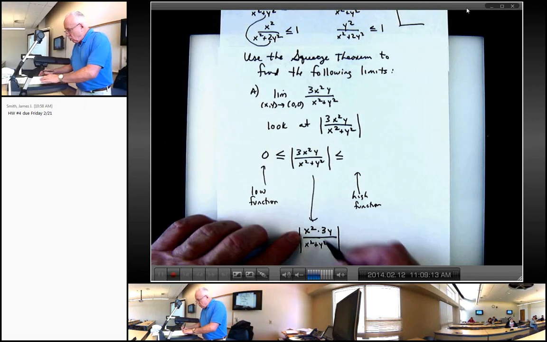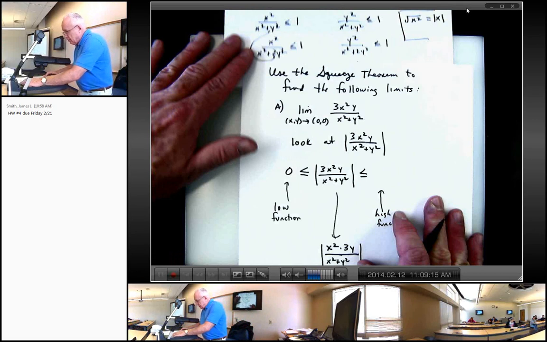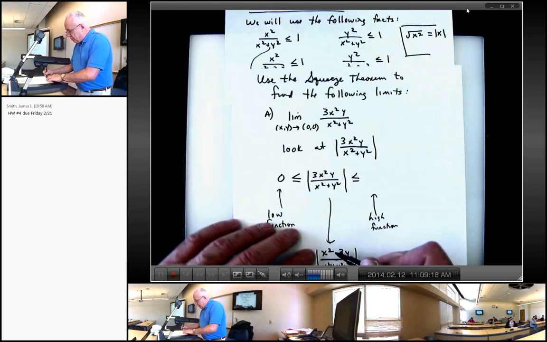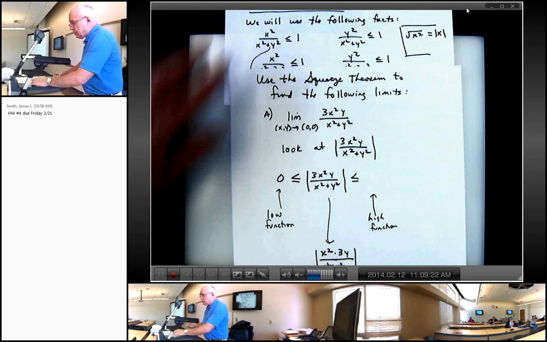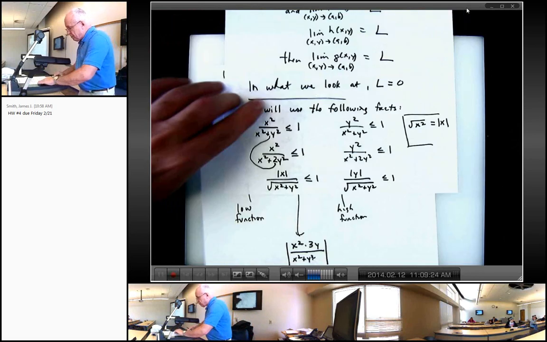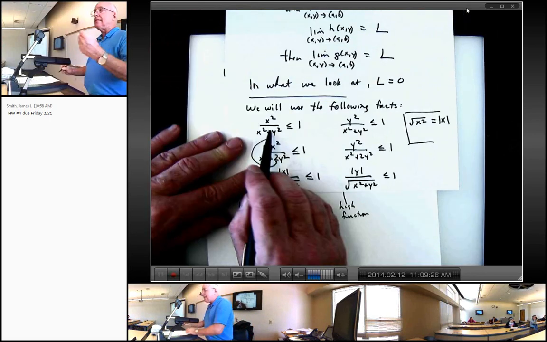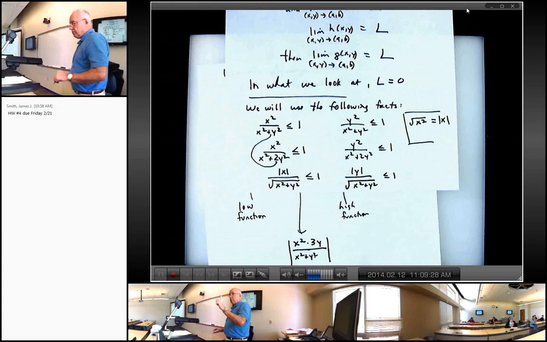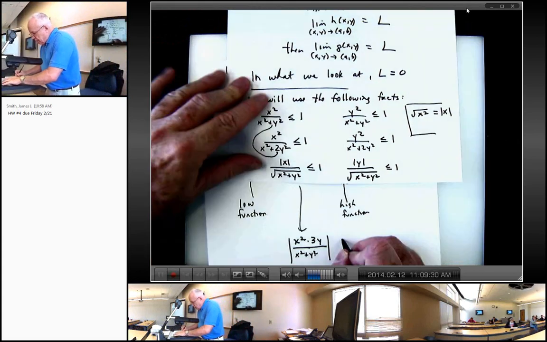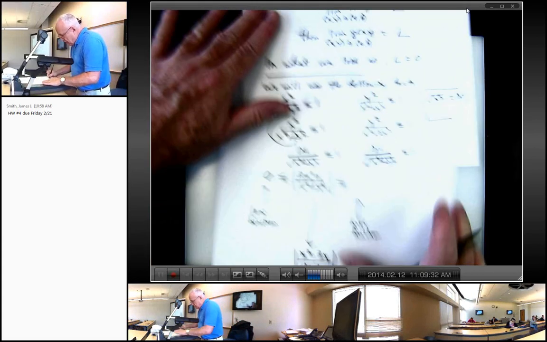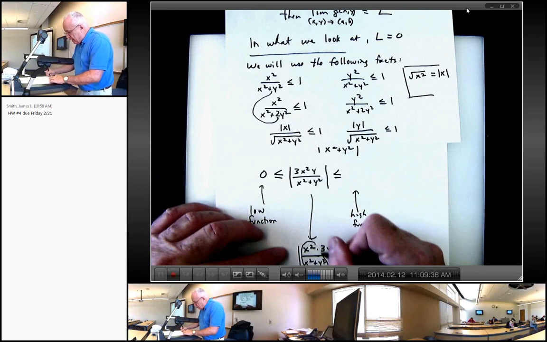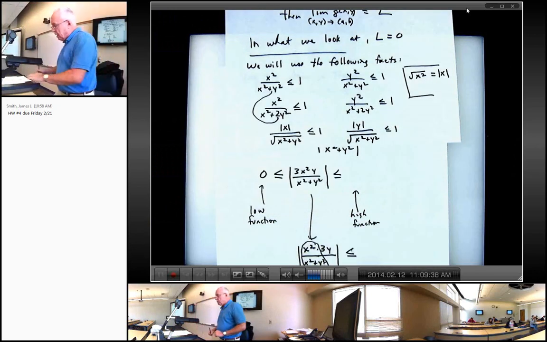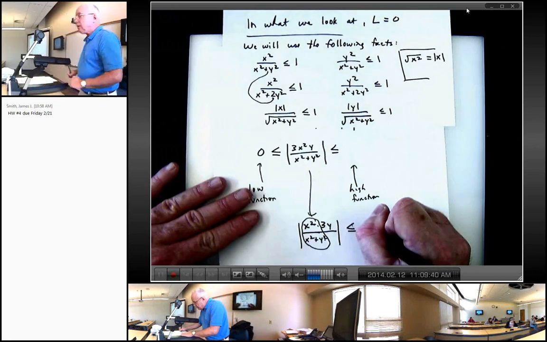Now, basically, the absolute value of x squared divided by x squared plus y squared, from up here, is less than 1. So this is less than or equal to, I'm going to replace this whole thing, x squared over x squared plus y squared, with 1.